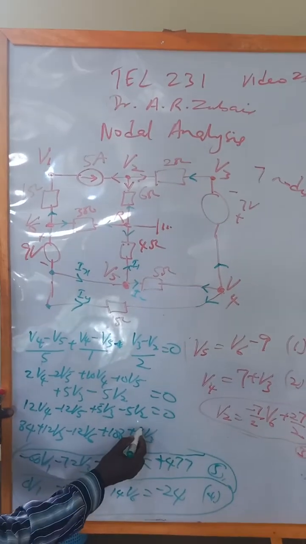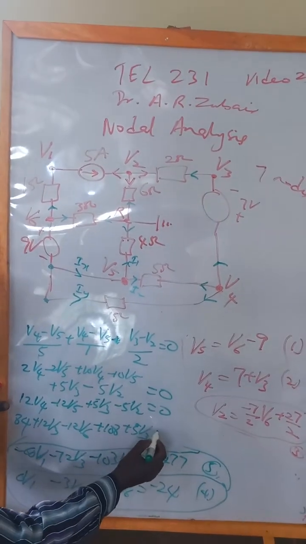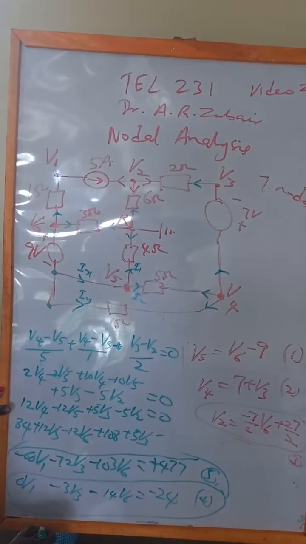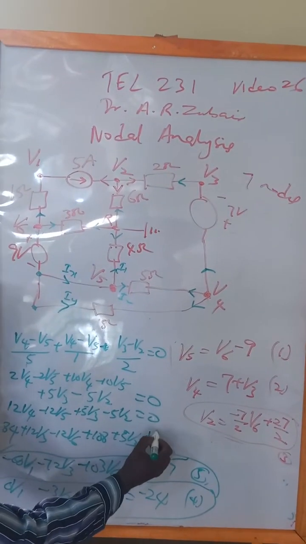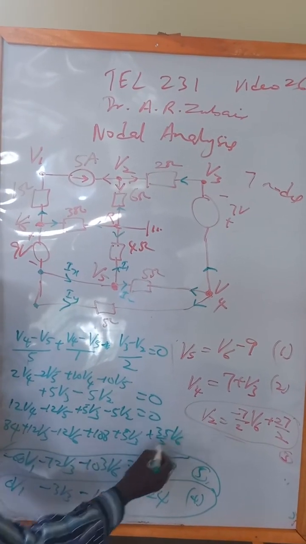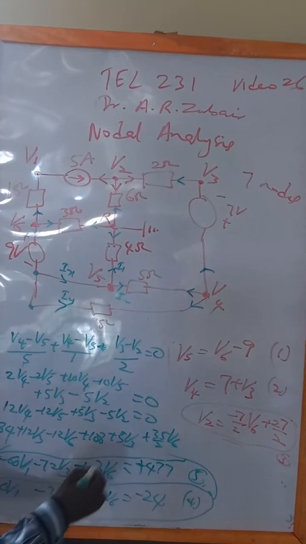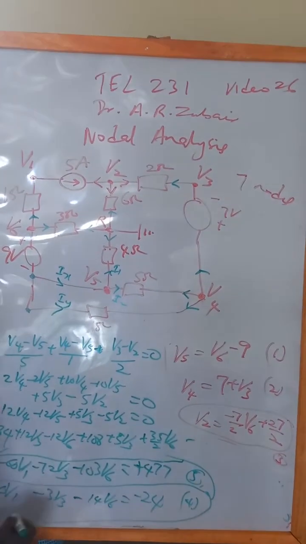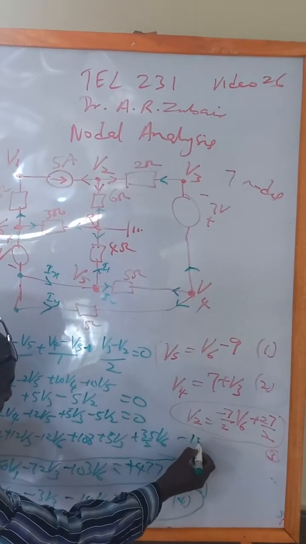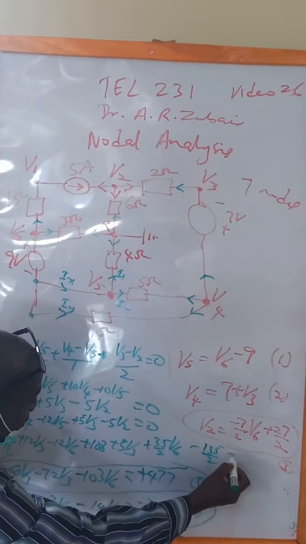For the V2, I have minus 5, minus 5 times this will give me plus 35 over 2 V6, minus 5 times that will give me minus 135 over 2, equals 0.